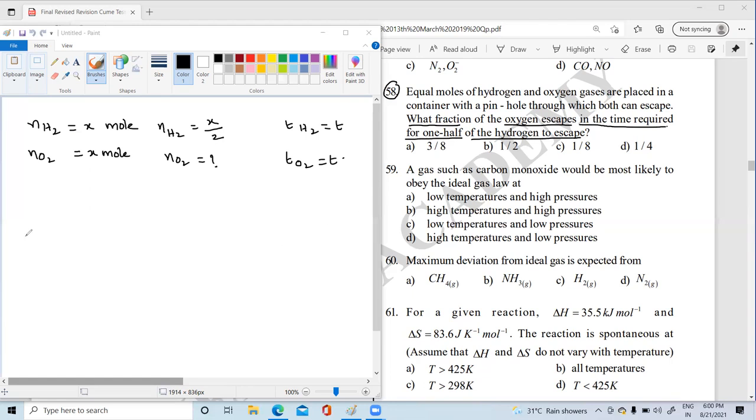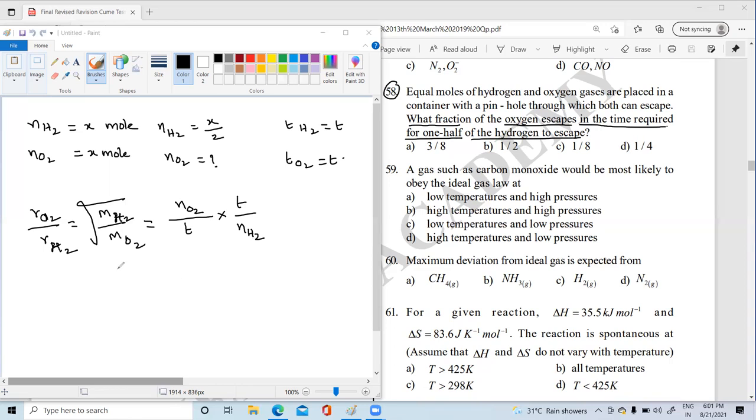So let's look at here, students. We know very well, according to Graham's law of diffusion, rate R1 by R2 equals root M2 by M1. So R1 I'm taking as O2, rate of O2 divided by rate of H2, and H2 molecular weight divided by O2 molecular weight, that equals moles of O2 divided by time, over moles of H2 divided by time.